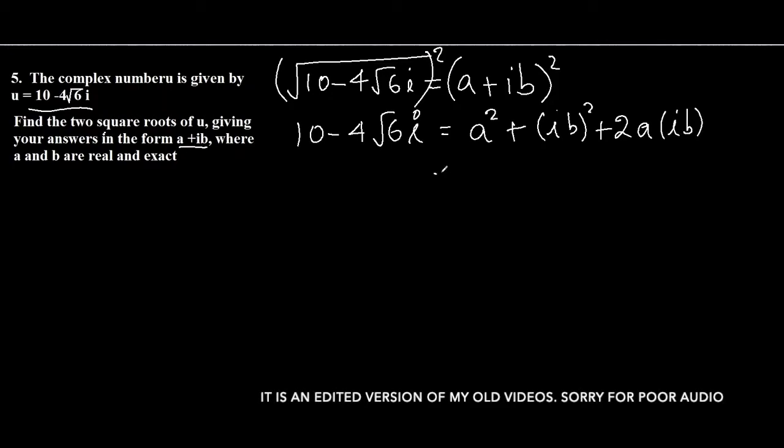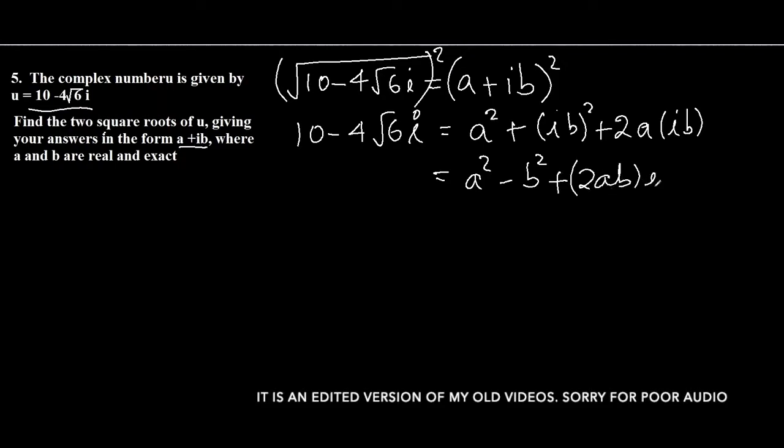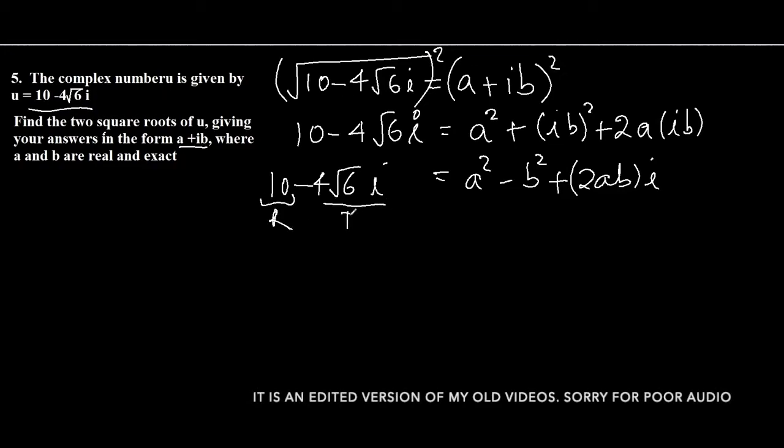So let's do it further. a square minus b square plus 2ab i is 10 minus 4 square root 6 i. So this is the real part and this is the imaginary part, right?